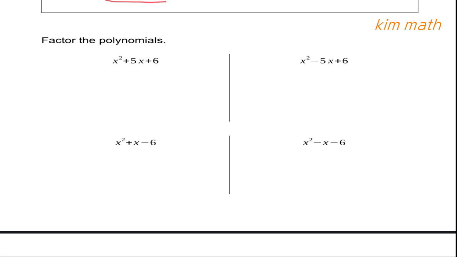Okay, first one, x squared plus 5x plus 6. Again, you must copy two terms whose product is x squared. Yes, only x and x, right? And next we must find the two numbers whose product is 6. I will show you all the trial and error.